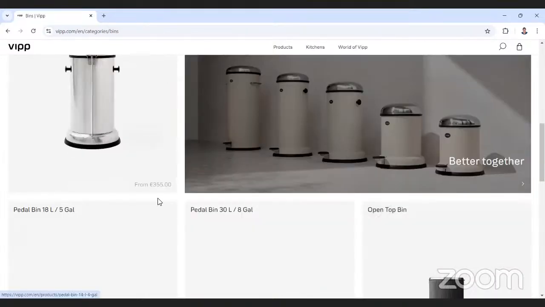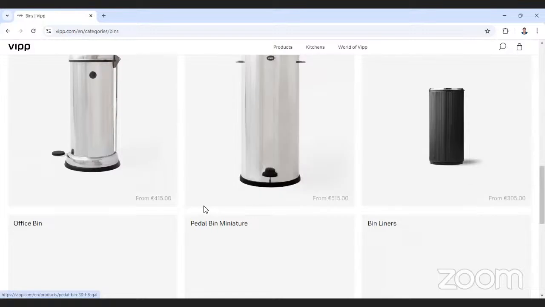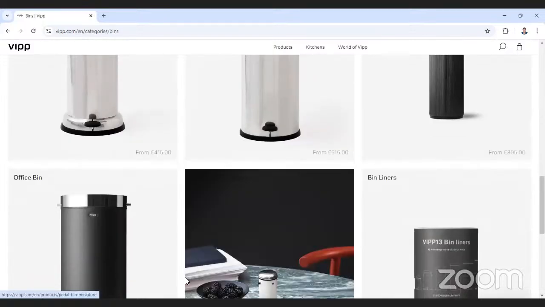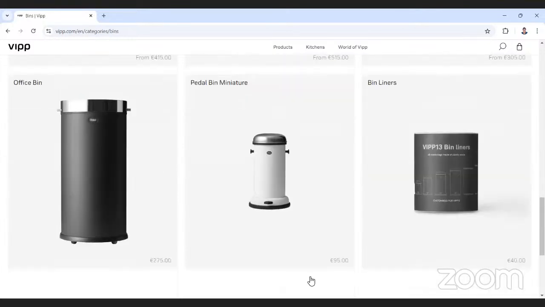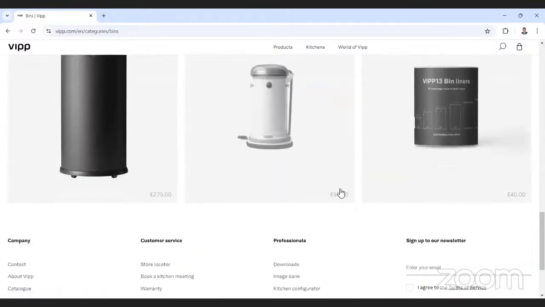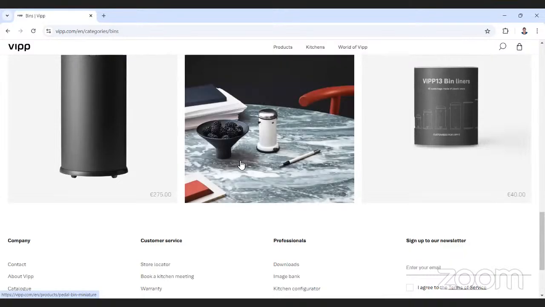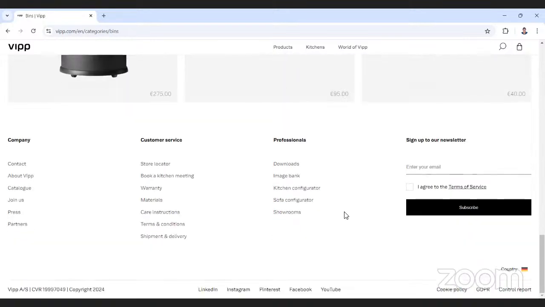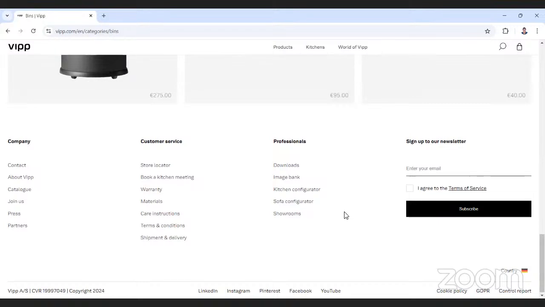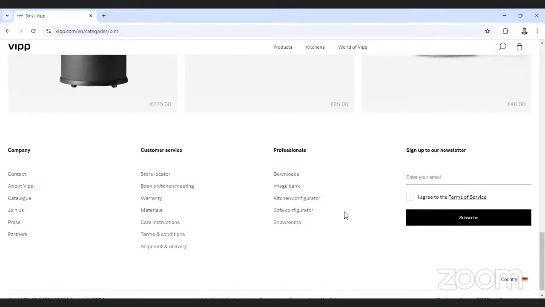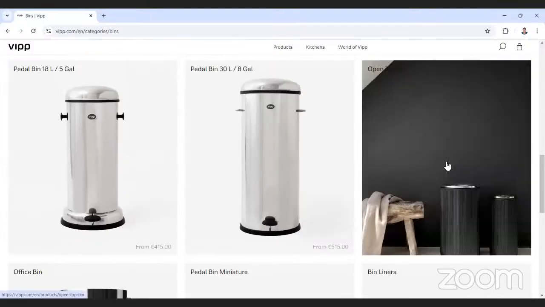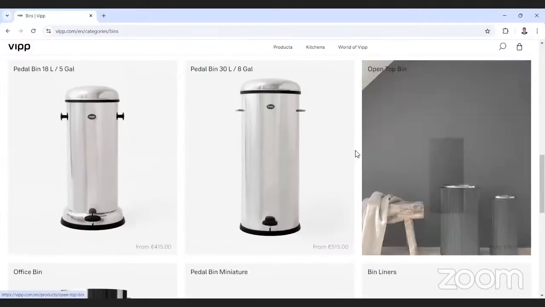They have a collection. So why do people purchase this kind of bins? It's very expensive. Why do we need them? Check this. Really, $95 or euros, whatever. This is really expensive. So why do we do this? Because people are not purchasing these as if they are regular bins.